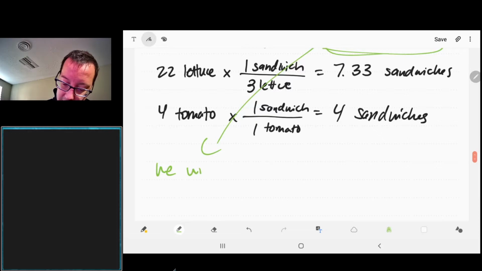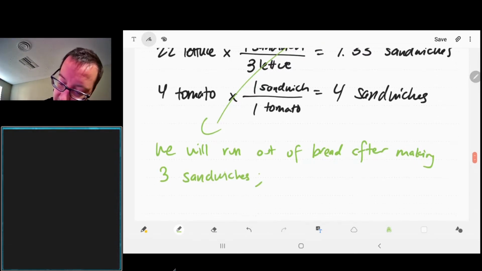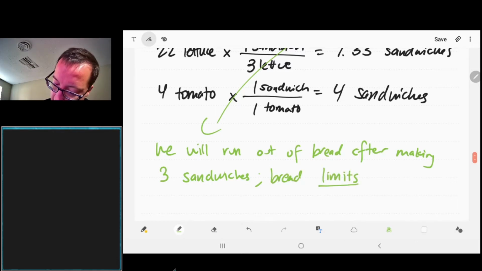We will run out of bread after making 3 sandwiches. Therefore, bread limits the amount we can produce.